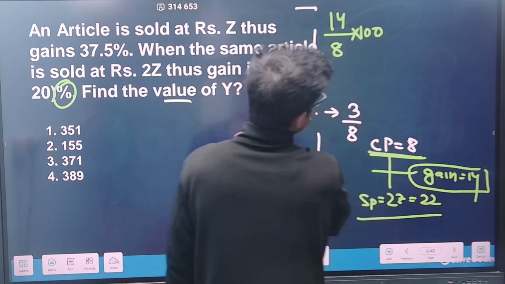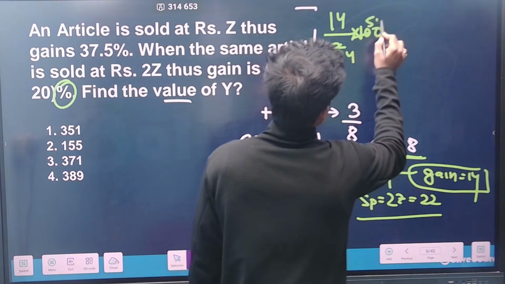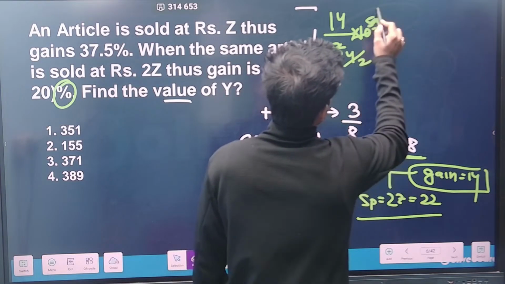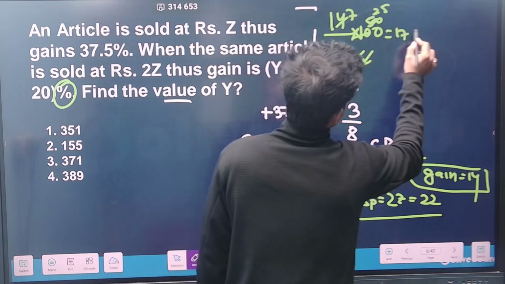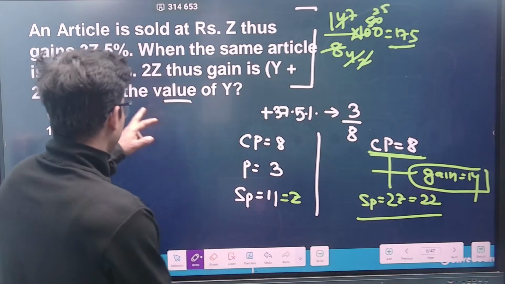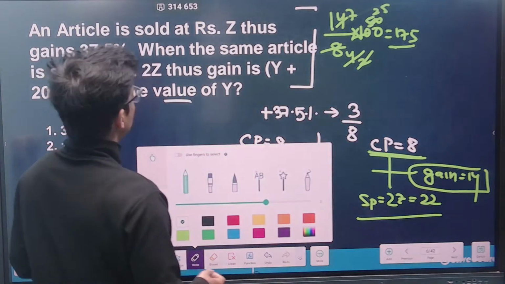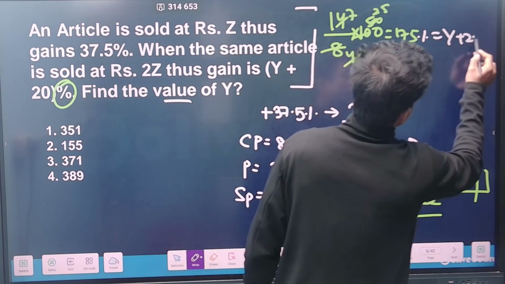Which is, you can say that 2 fours are 8, 50 times 2 twos are 25, 5 times 2 sevens are 14. So it would be 175. So this is the percent now, 175%, which would be equal to y plus 20%.